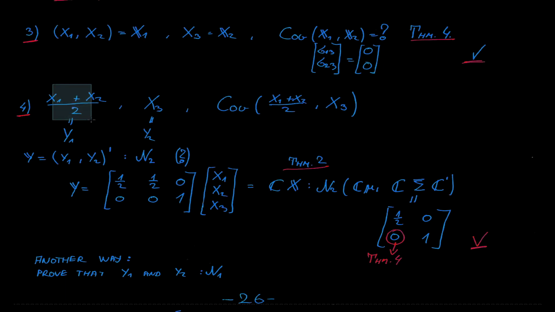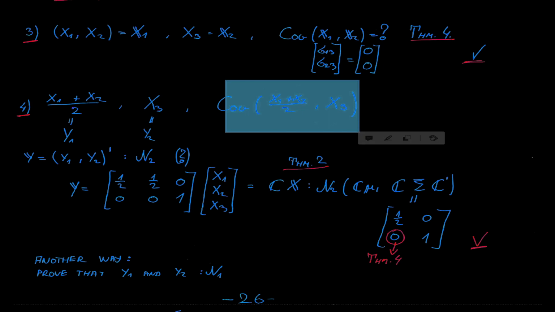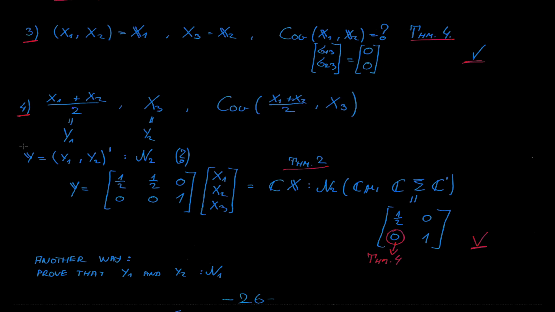So the first way is to prove that this one and this one have a one-dimensional normal distribution, and then just find the covariance and see if it is 0 or not. Or prove that our vector y has a bivariate normal distribution, and then use theorem 4 to prove if they're independent or not.